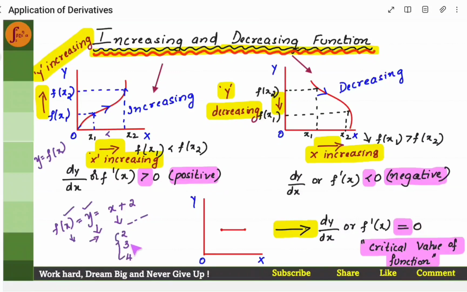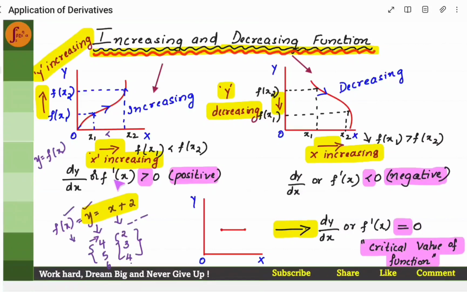As the value of x increases, the value of y also will increase. So y would become 2 plus 2, which is 4. Then next value 3 plus 2, which is 5, 4 plus 2, which is 6. So if you notice here, as the value of x is increasing, the value of y or f of x is increasing. This particular function is called an increasing function.